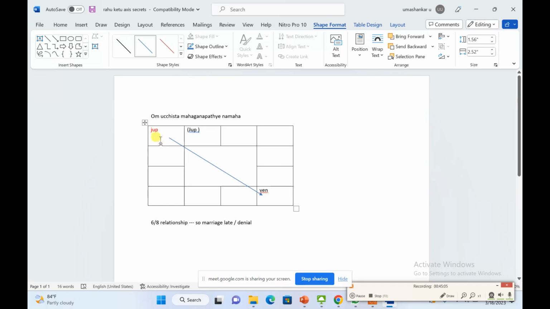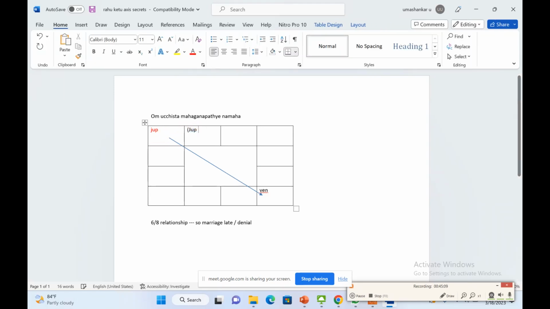Now similarly, I'll show one more thing. Now you take this, like before exchange, male horoscope. So no marriage or denial or delayed.